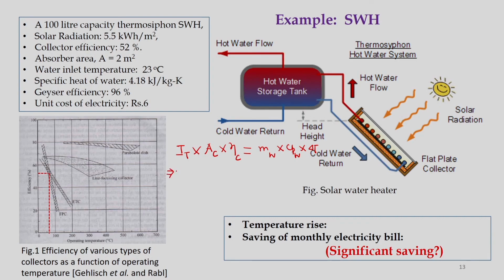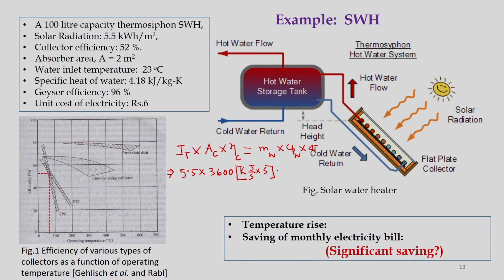Now, how are you going to solve this problem? Because you see this IT, how much is given? It is 5.5 kilowatt hour. So, what I will do is convert it to 3600, so that in unit, kilo is there, because we are not doing unit kilo, and then joule per second is watt, and then what we have converted is second.